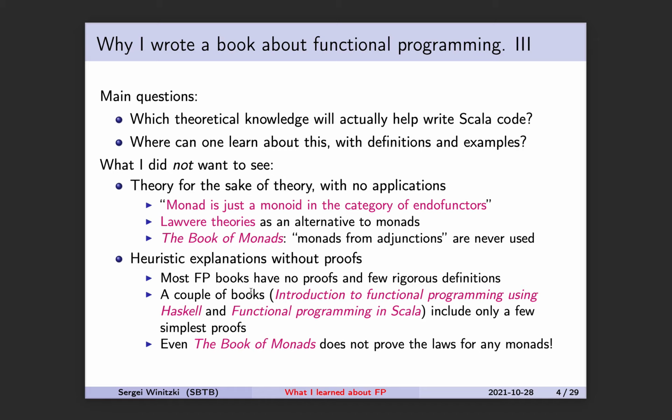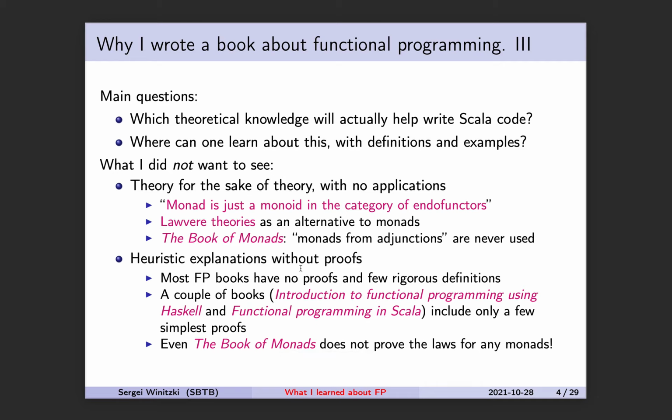There are a couple of books like this one, Introduction to Haskell, and this one. This is a book that I read when I first learned Scala. Some of these books include a few proofs, and these are only the simplest proofs. The Book of Monads, I believe, does not actually include any proofs of any laws of monads at all.